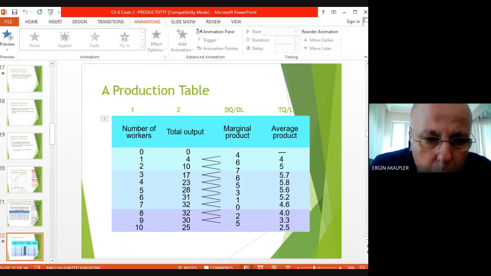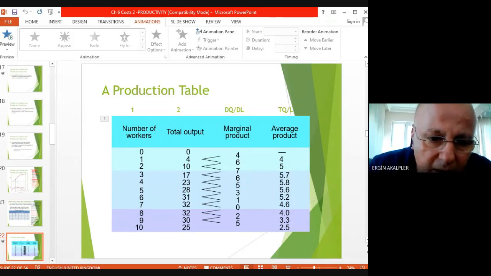The total output is again given here: 0, 4, 10, 17, 23. And here is again a constant increase of the labor, 1, 2, 3, 4, 5. And the marginal product is again 4, 6, 7, the differences between the total output. And the average product, of course, is total production divided by the labor, which is 1 again.